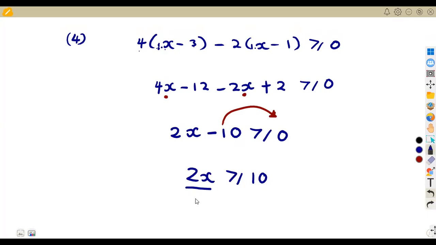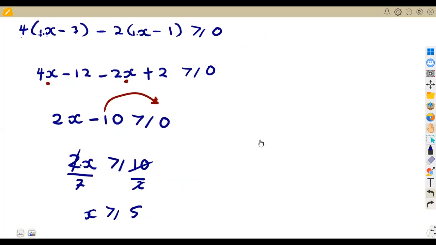All right. So to find x, you're going to divide by 2. Since you're multiplying here, x is going to be greater than or equal to 10 divided by 2, which is 5. So remember what I said, the inequality sign is not affected because you divided by a positive. It is only affected when you divide by a negative or multiply by a negative, all right?